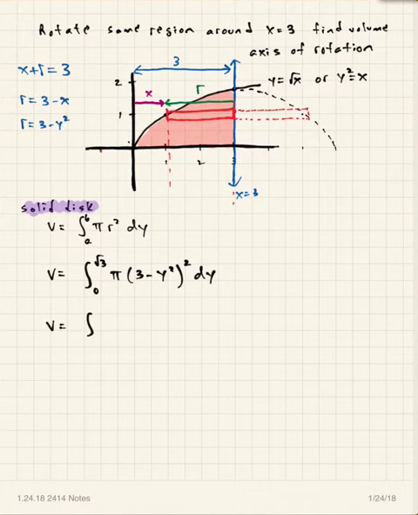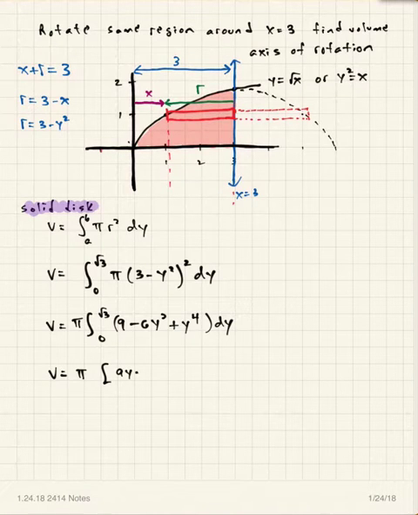The volume would be the integral from 0 to the square root of 3 of pi, and let me go ahead and take that pi outside the integral. Square out the 3 minus y squared, which would be 9 minus 6y squared plus y to the 4th, dy. So not too bad of an integral. It's just a polynomial.